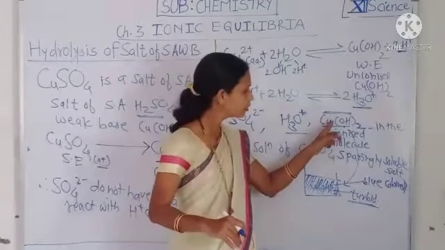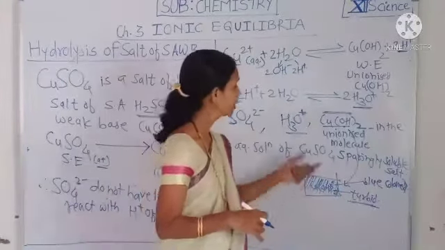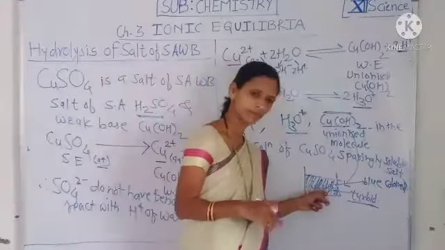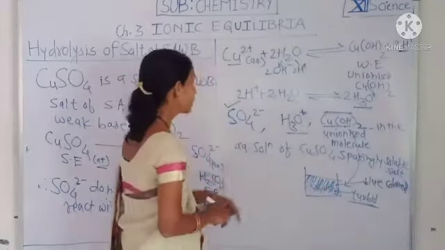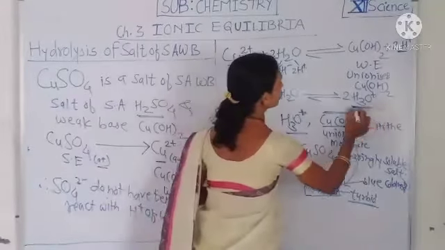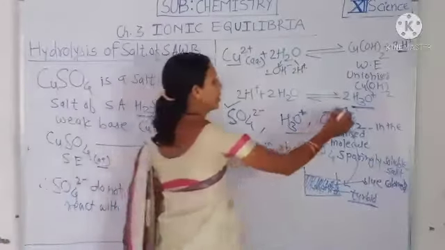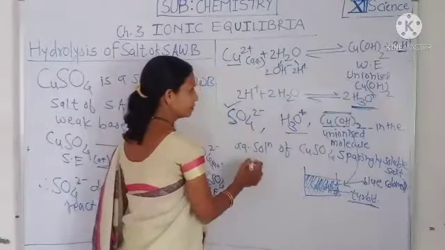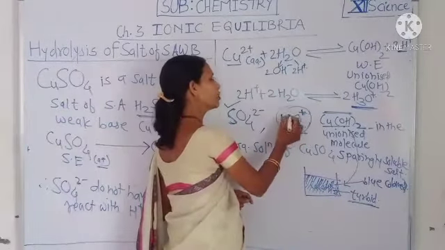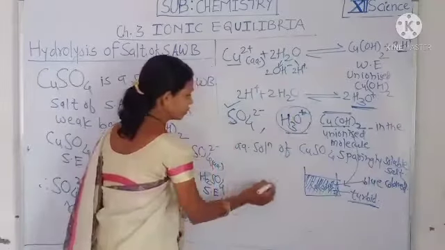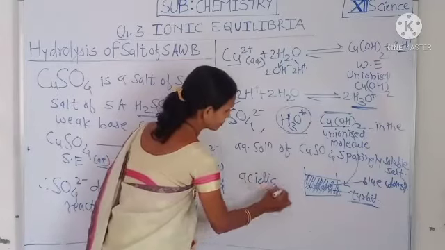Like that, the solubility of Cu(OH)2 is very, very less. Therefore, it gives a turbid, non-transparent solution. Then, due to the presence of hydronium ion in it, that means the overall solution contains H plus ions, therefore the resultant solution is acidic in nature.